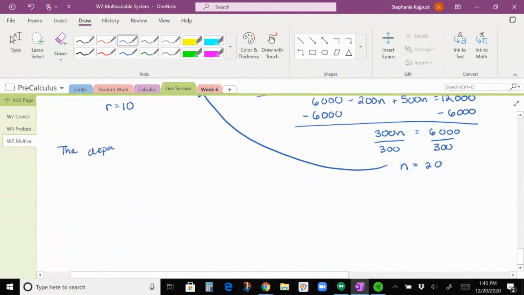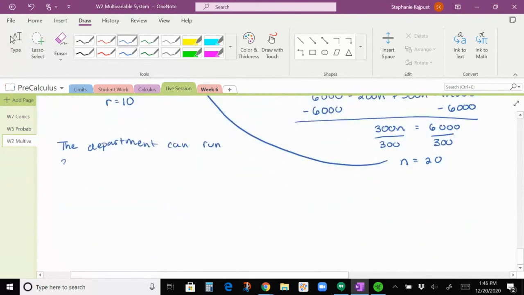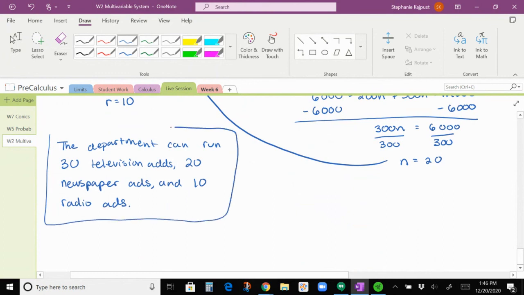So the department can run, and see, we got 30 for the television ads, 20 newspaper ads, and 10 radio ads.